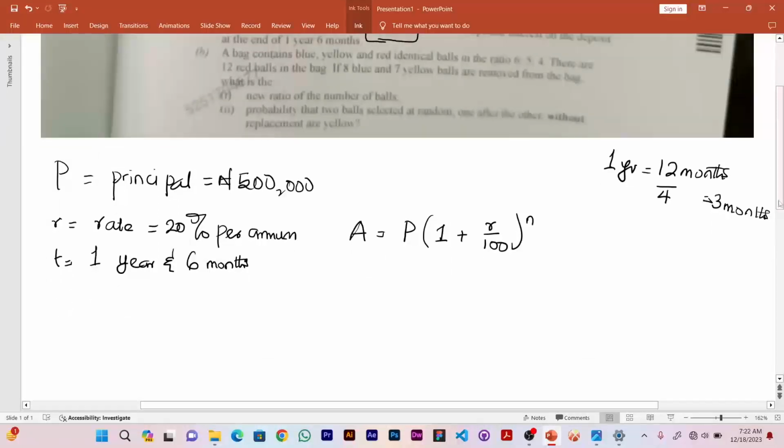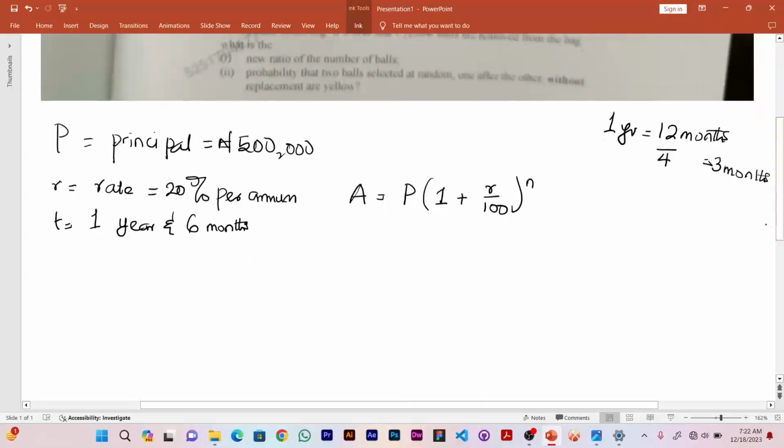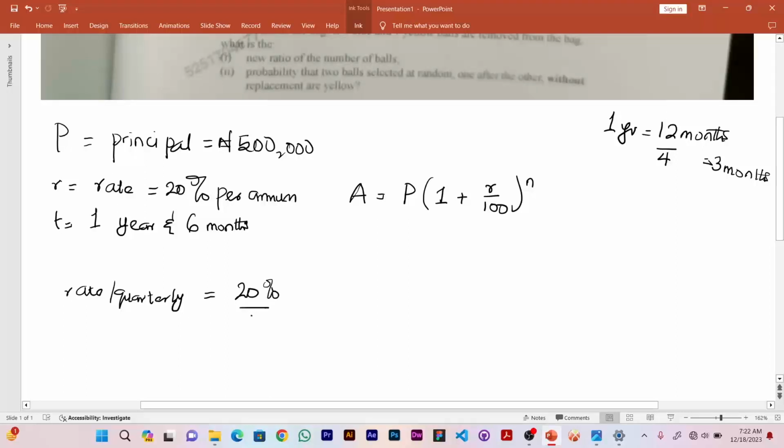The rate given here is rate per annum, but they want us to find the interest added quarterly. So what are we going to do here? We're going to look at this rate, which is per year, and divide it into 4 as well. So the rate per quarter, or you can say rate per 3 months, is going to be equal to 20% divided by 4.